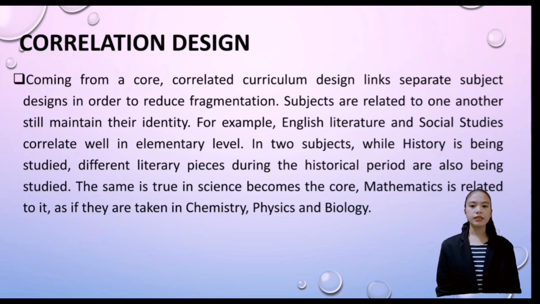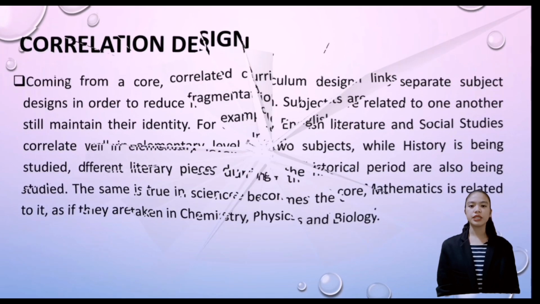While history is being studied, different literary pieces from the historical period are also being studied. The same is true in science, which becomes the core. Mathematics is related to it, as are chemistry, physics, and biology.